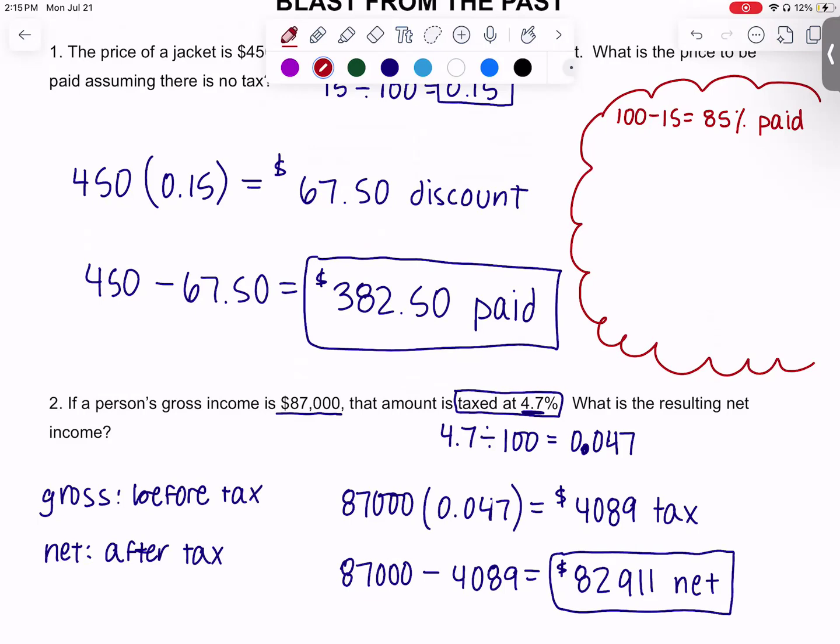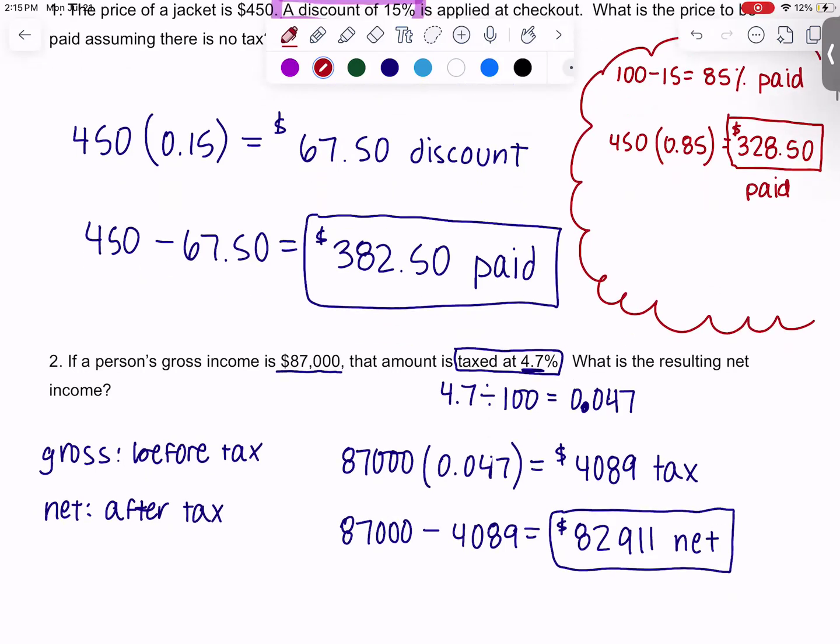And if I multiplied 450 by 0.85, check on Desmos, you'll see we get 382.50. That's the amount paid. So instead of multiplying by 0.15, you could have multiplied by 0.85 to get your answer in maybe less steps.